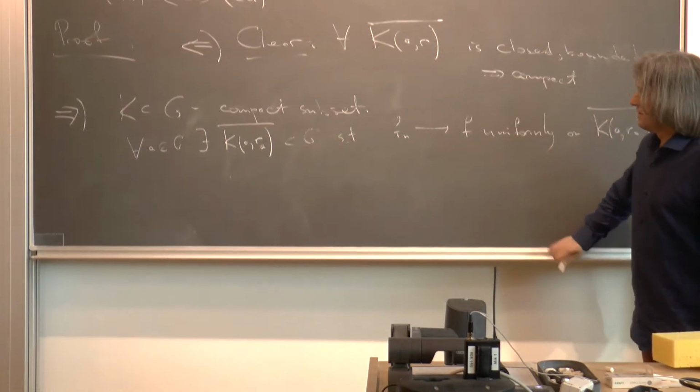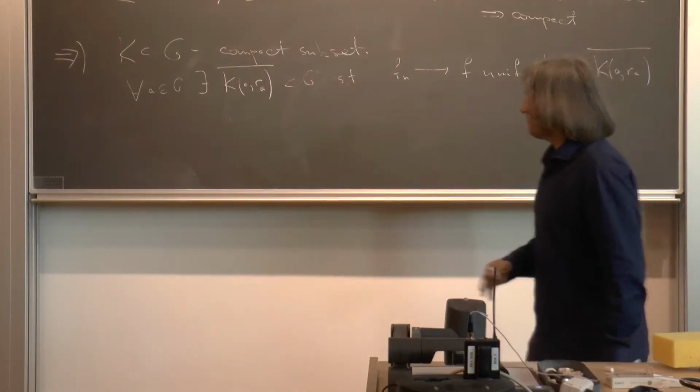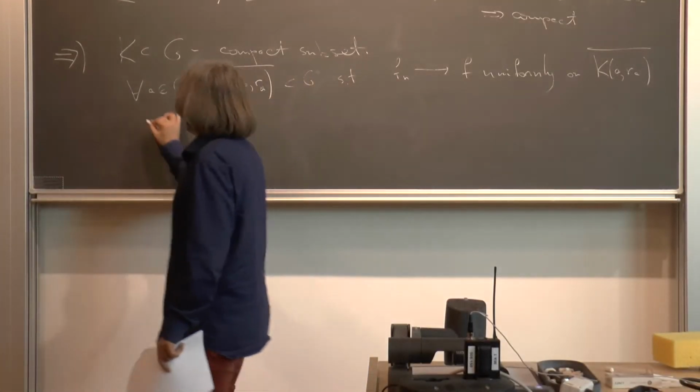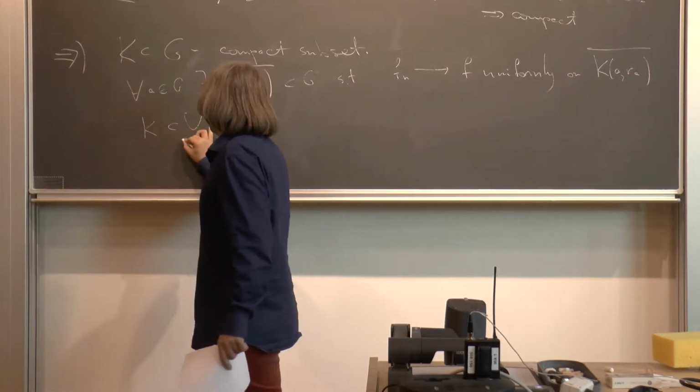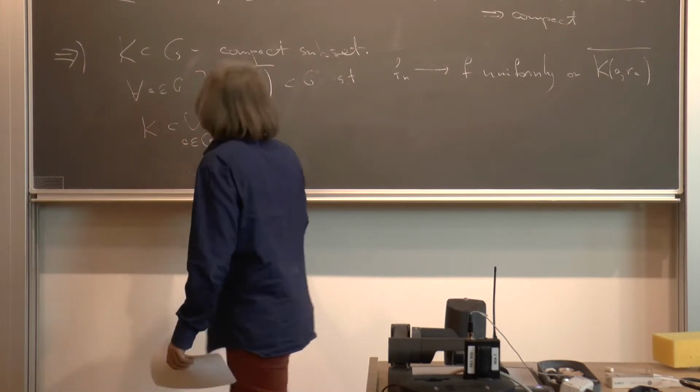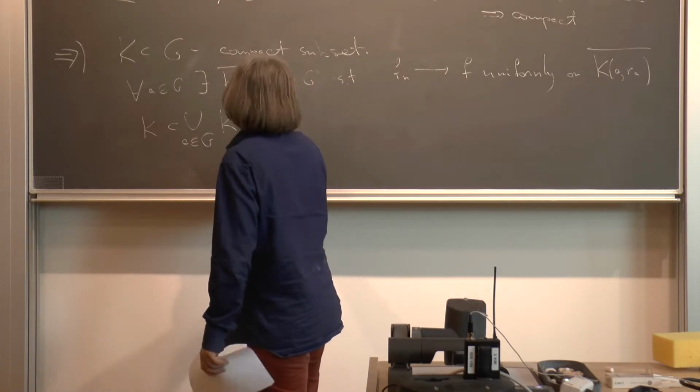Of course, these disks totally cover G, in particular K. So K sits inside the union over all points in G, a huge union of these disks.